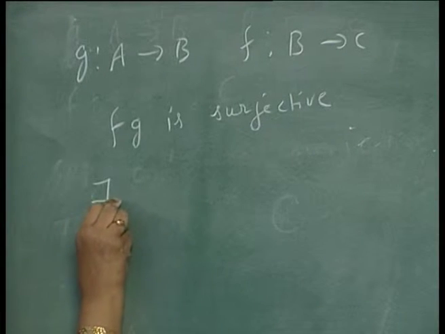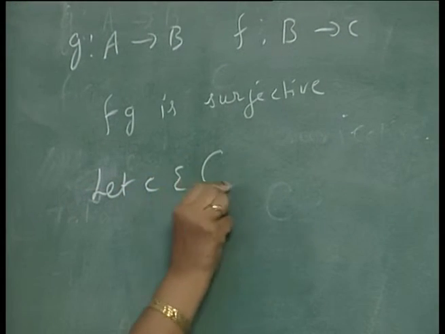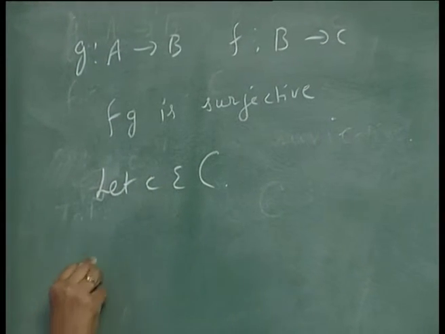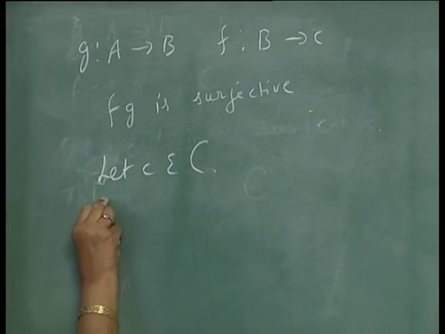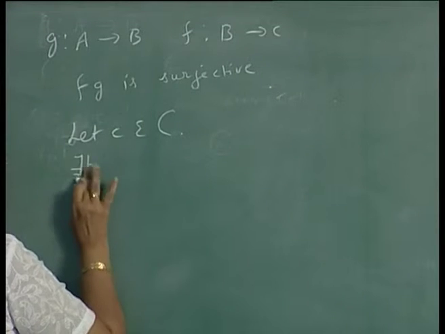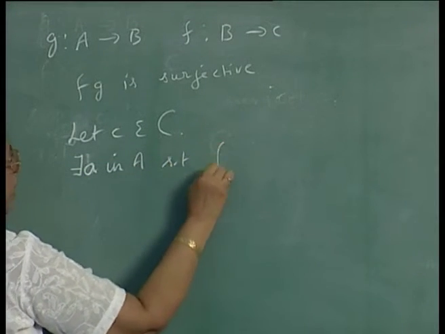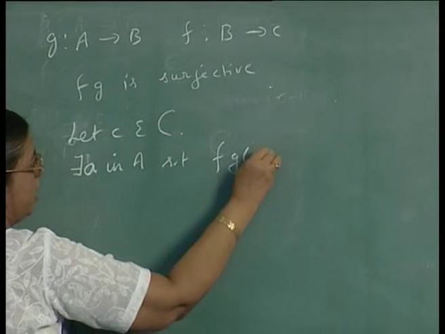Let c belong to C. Then what happens here? There exists an a in A such that f(g(a)) is equal to c.